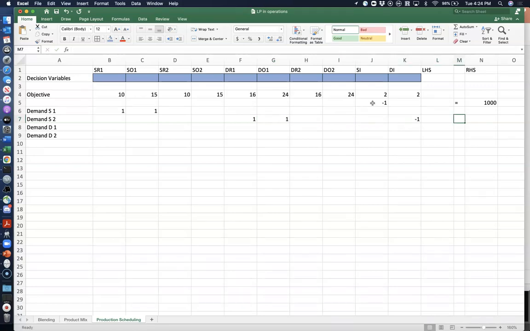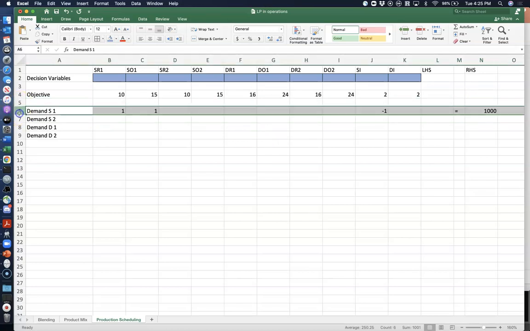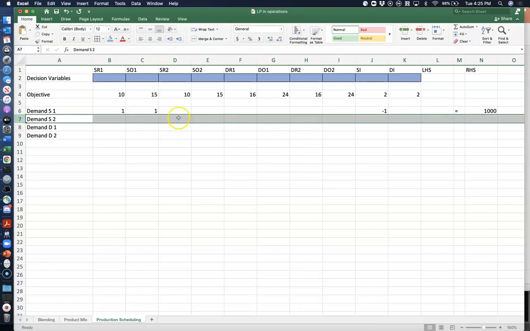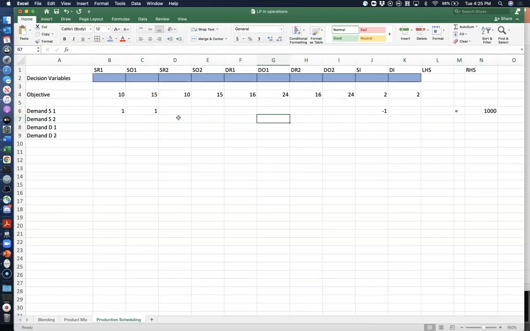Wait a second. Yeah, made that mistake. Okay. So now let's write everything here. So it's DR1 plus DO1 minus DI is equal to 1250.